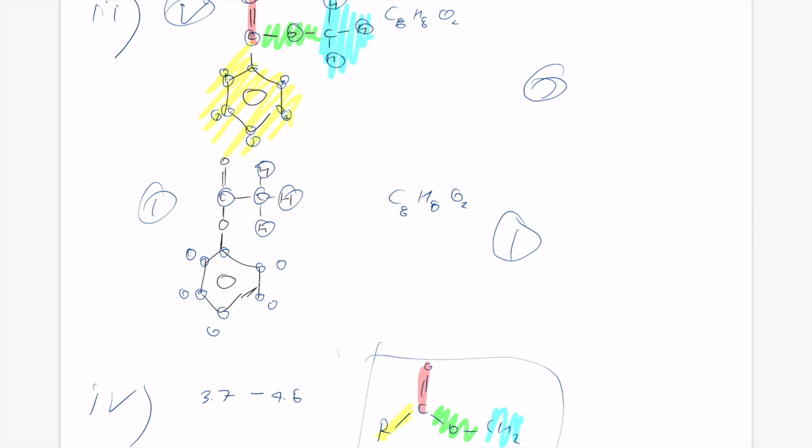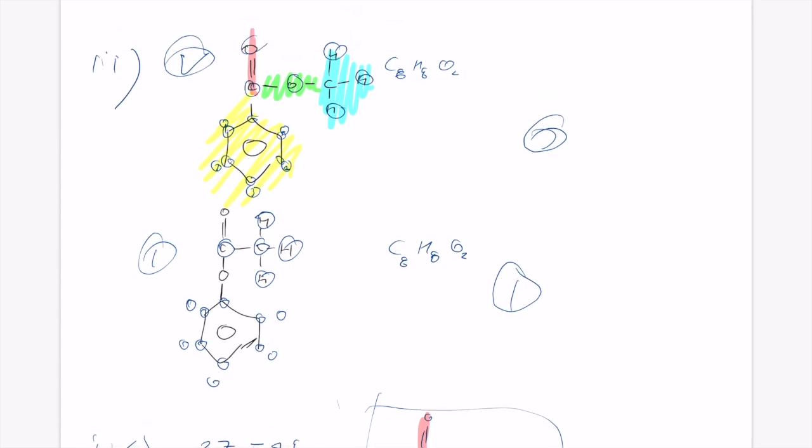This could also be CH3. As long as the order here follows, it seems to make sense to me. So the order I put down was C6H5, COO, and then CH3 was my answer. And that should be it.